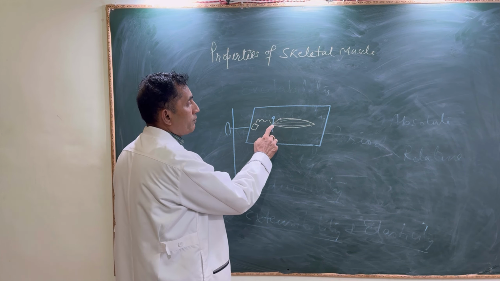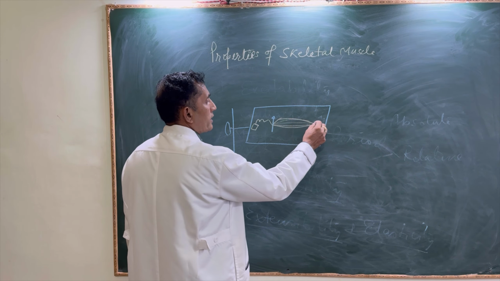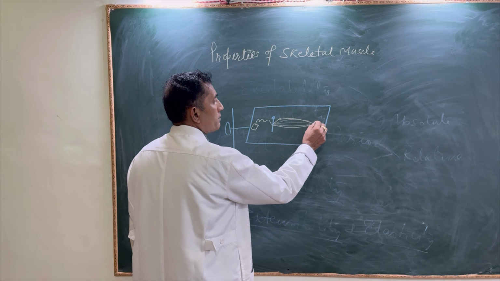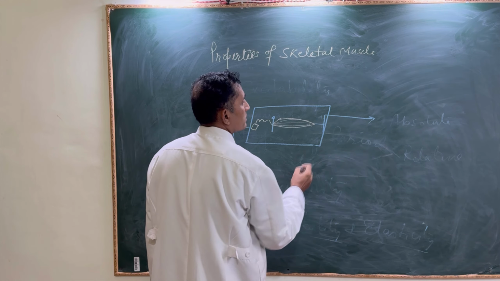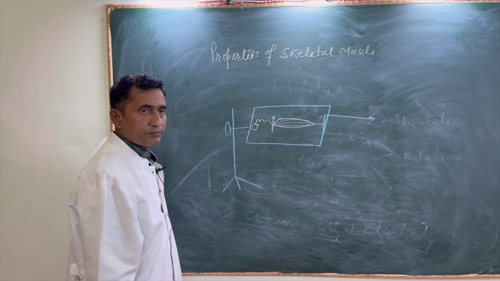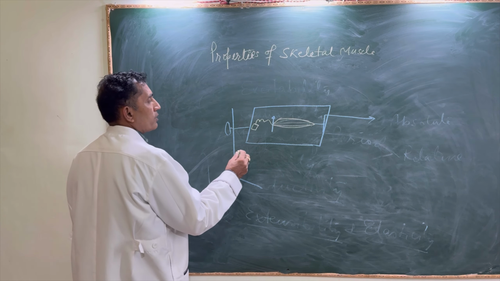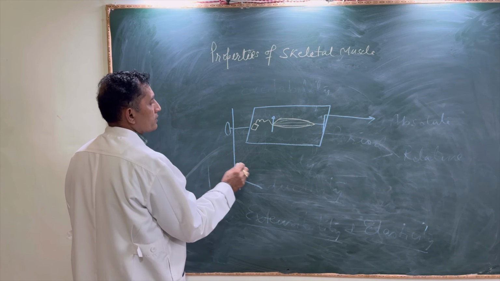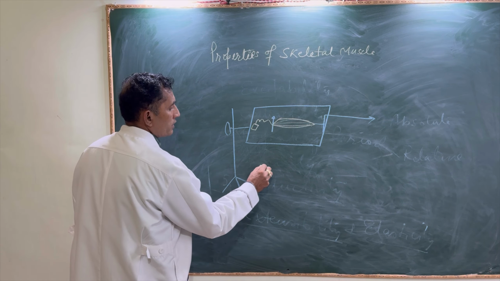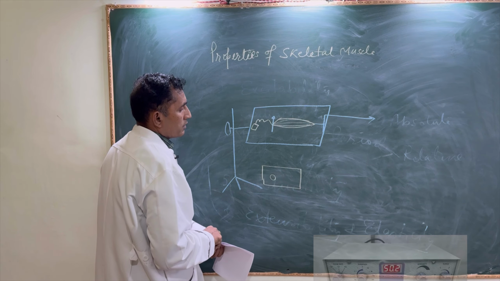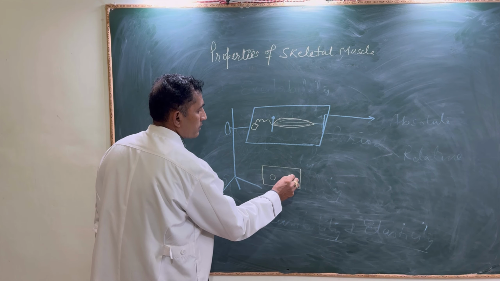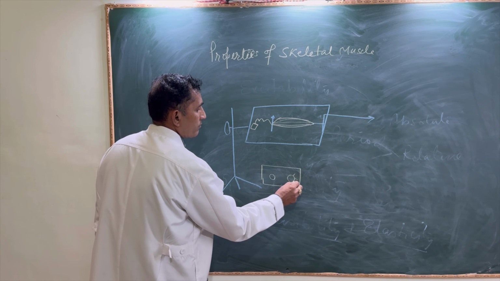So one part of the muscle is fixed, and another part is connected to a lever. Now if we stimulate this with the help of a stimulator. So suppose this is the stimulator.